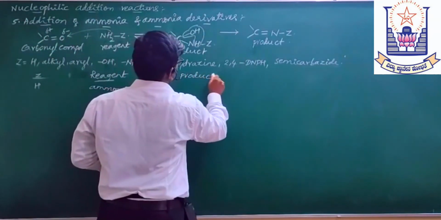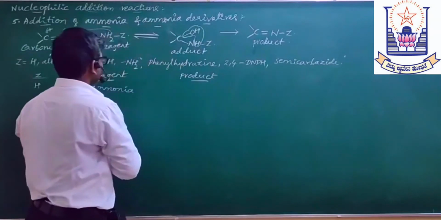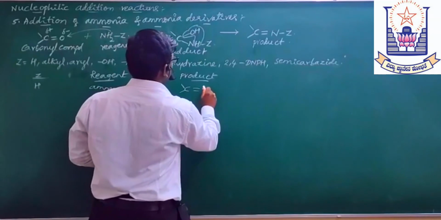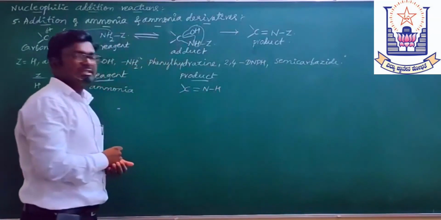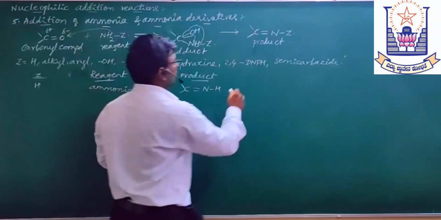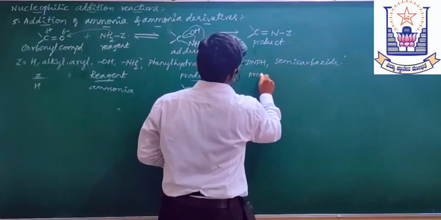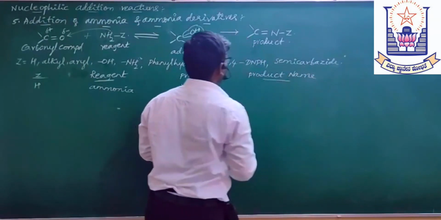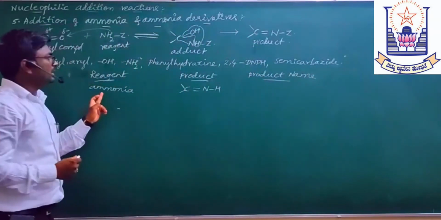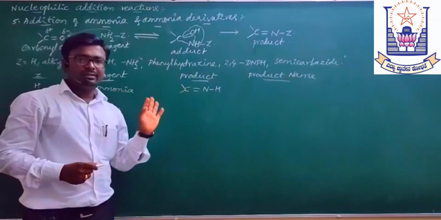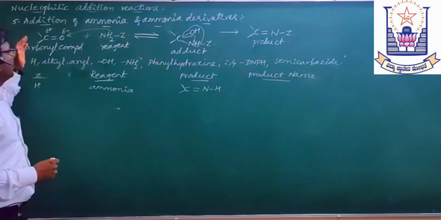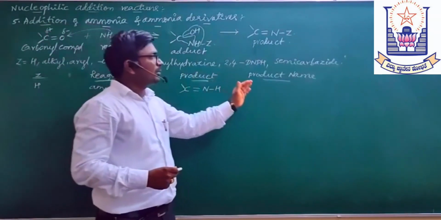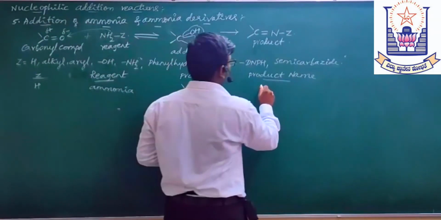That is C double bond NH. What is the product name? It will be an imine. When the carbonyl compound is treated with ammonia, the product obtained will be imine.